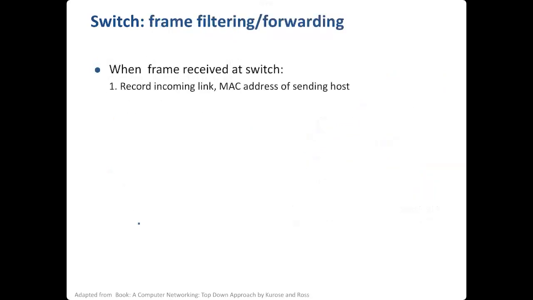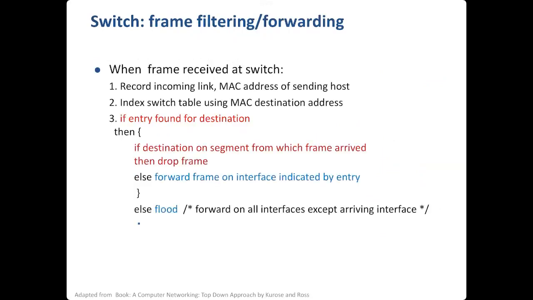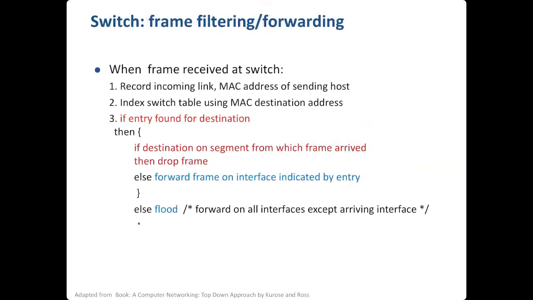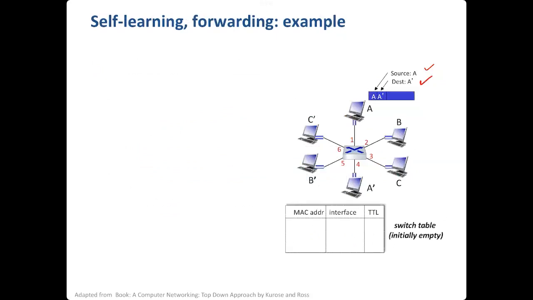Okay, so now let's go ahead. This is the algorithm, so please go through it. The algorithm works like this: source is A, destination is A dash. Initially the table is empty, this switch has booted up, so it does not know where A dash is, right?